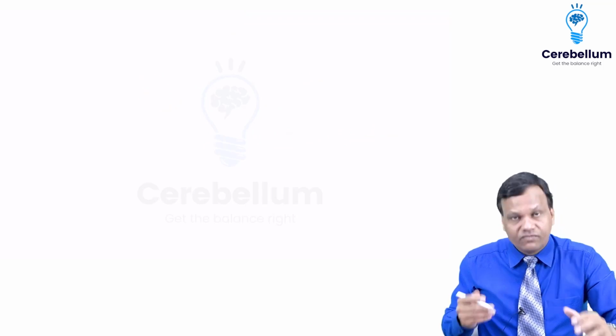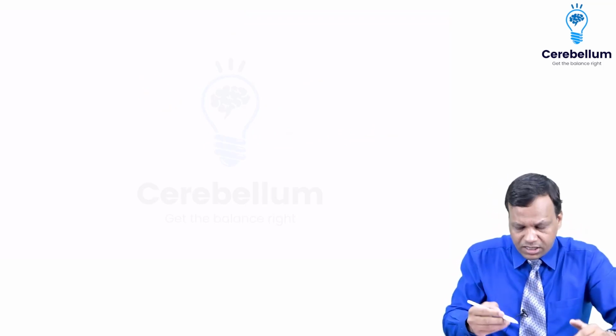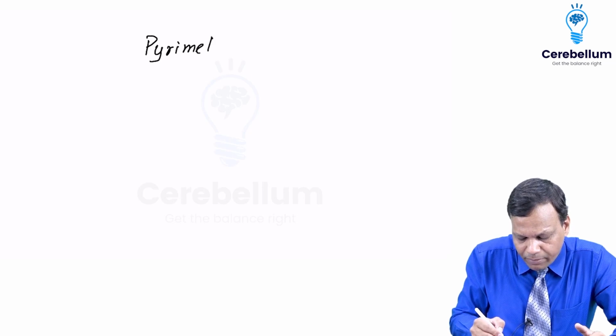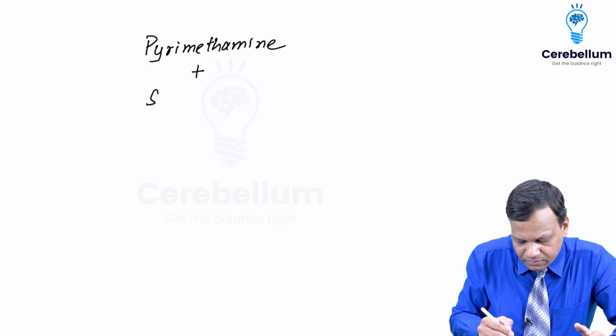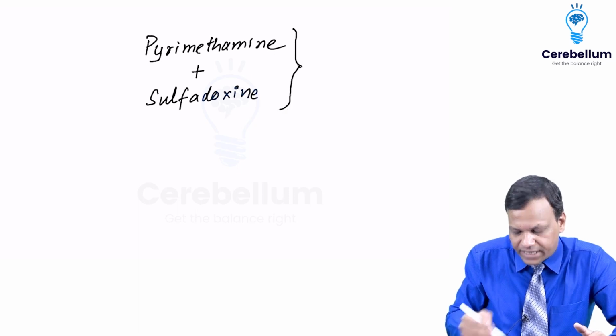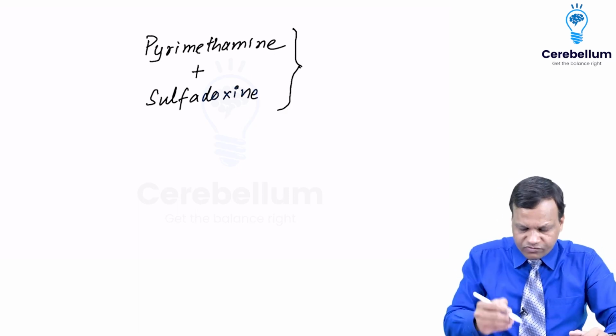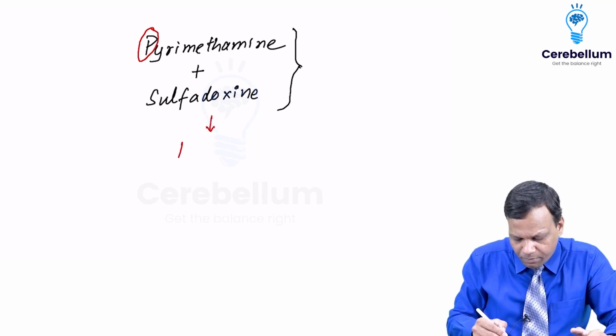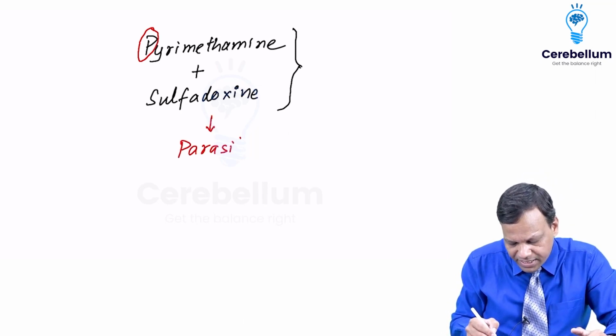Then the second drug combination, which is also bactericidal, is the combination of pyrimethamine with sulfadoxine. The pyrimethamine sulfadoxine combination is also cidal, but this combination is used for P, meaning parasites.